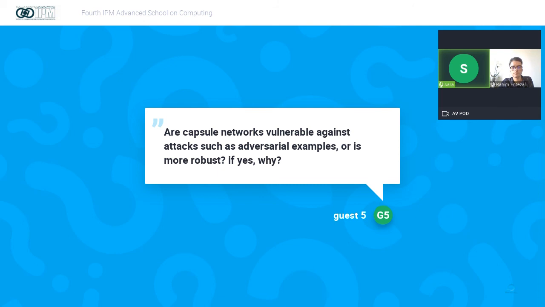But recently there was another paper that suggested a new attack, and they also tried it on capsule networks, and it was as vulnerable as other CNNs. So there is some inherent robustness, but it's not fully adversarially robust, and the amount by which it's more robust is very small.